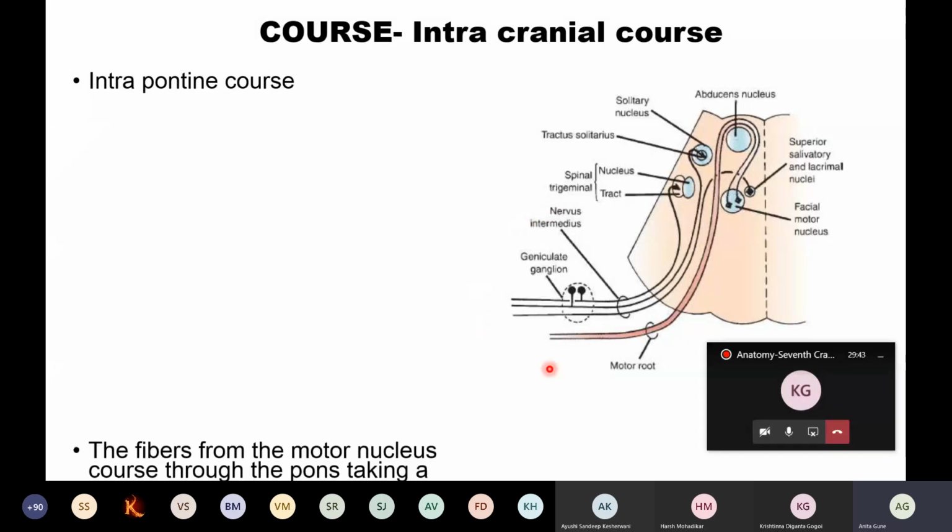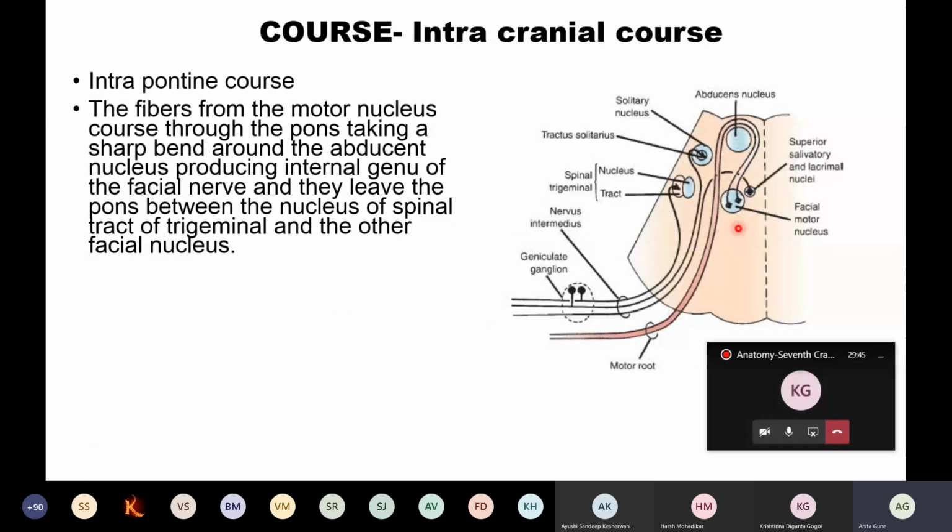So in the intrapontine course, if you recall, the motor fibers of the facial nerve arise from the nuclei and they will cross dorsally over the abducent nuclei, and this elevation over here in the floor of the fourth ventricle is called the facial colliculus. So this turn of these fibers of the facial nerve is called the internal genu.